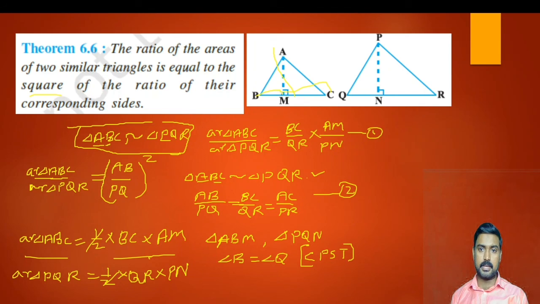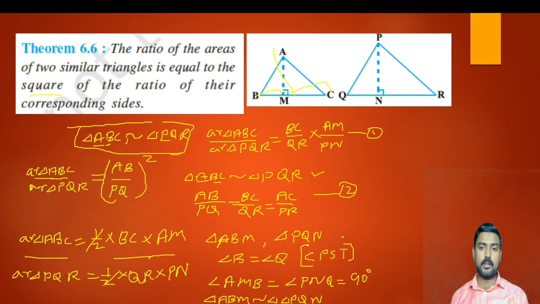Now we know that AM is making 90 degrees. It is a height. Height means it is making an angle of 90 degrees. So angle AMB is equal to angle PNQ is equal to 90 degrees. So two angles are equal in a triangle, means these triangles will be similar. So we can write triangle ABM similar to triangle PQN.